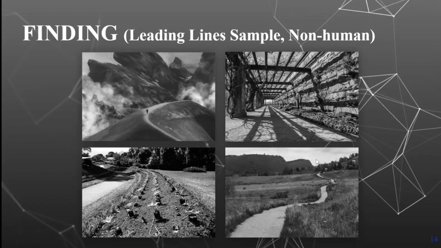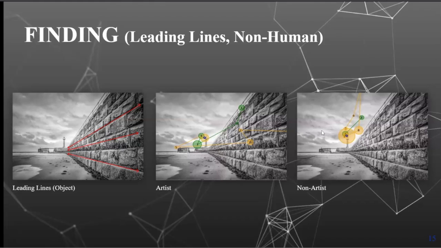You will understand more clearly when we go to the next section. These leading lines, as we mentioned earlier, are made by non-human objects. As you can see, on the most left-hand side, the bricks are creating a series of lines pointing at the focal point of this image.